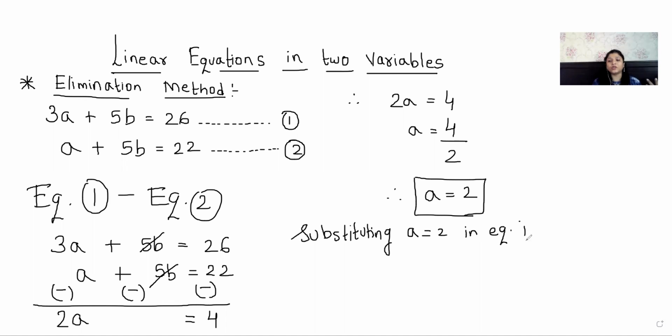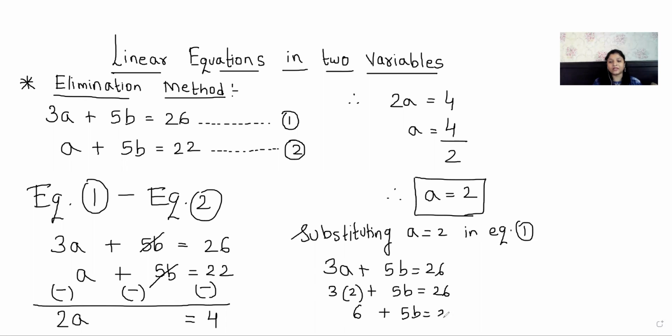We will substitute in equation 1. What is equation 1? 3a plus 5b equal to 26. In the place of a, we are going to write 2. 3 into 2 plus 5b is equal to 26. So that is 6 plus 5b is equal to 26.